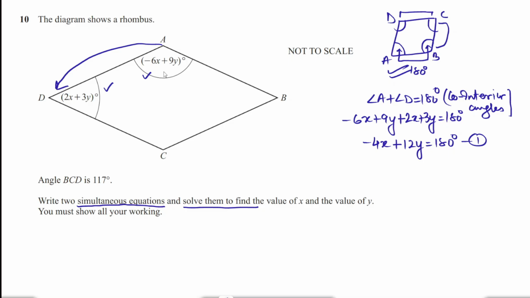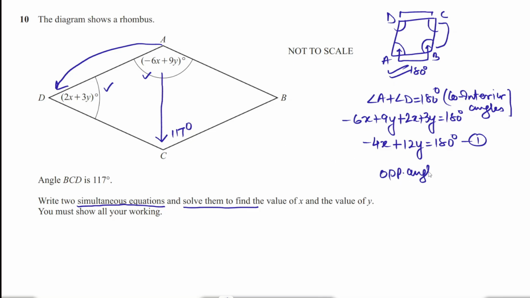We know that opposite angles of a parallelogram or a rhombus are equal. And what information had been given? That angle BCD is 117. So whatever information has been given, we have to copy here. So opposite angles are equal.